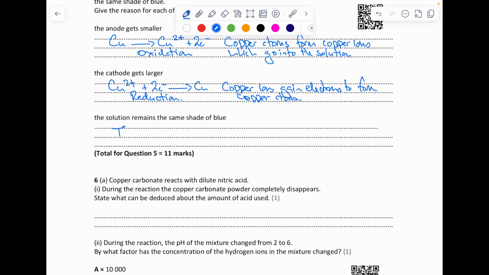So all we need to say here is that the concentration of copper ions remains constant as ions are added and removed from the solution at the same rate.